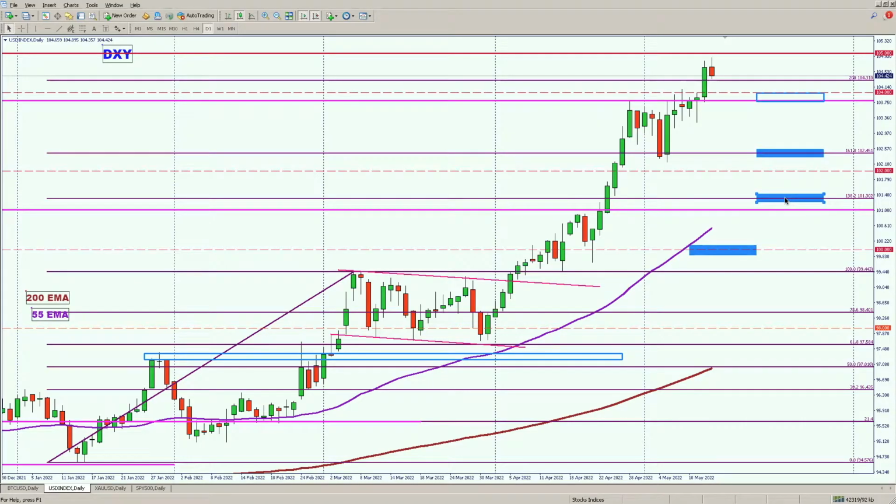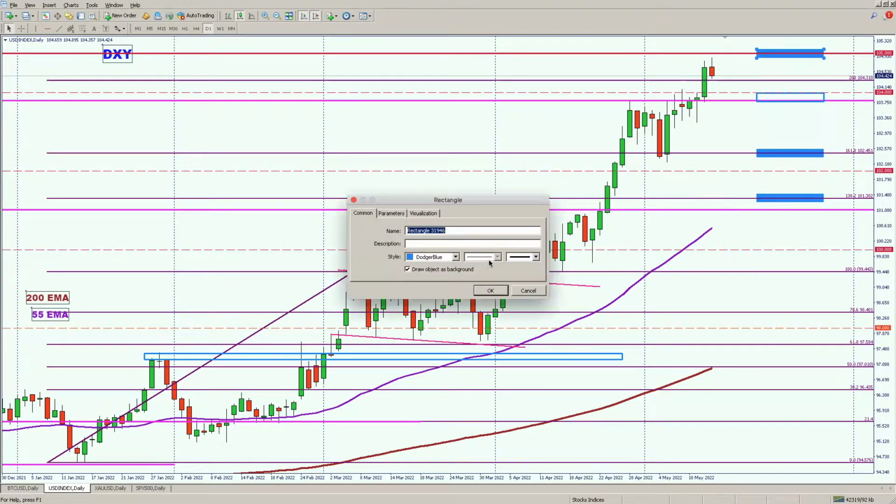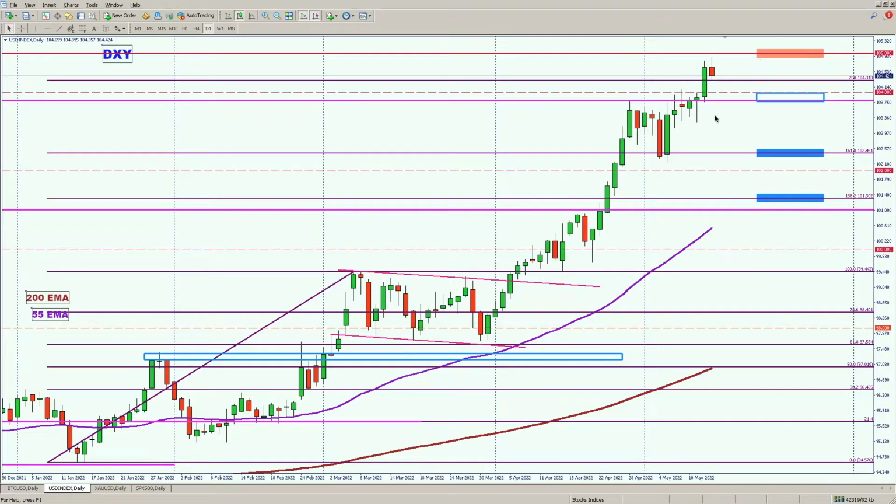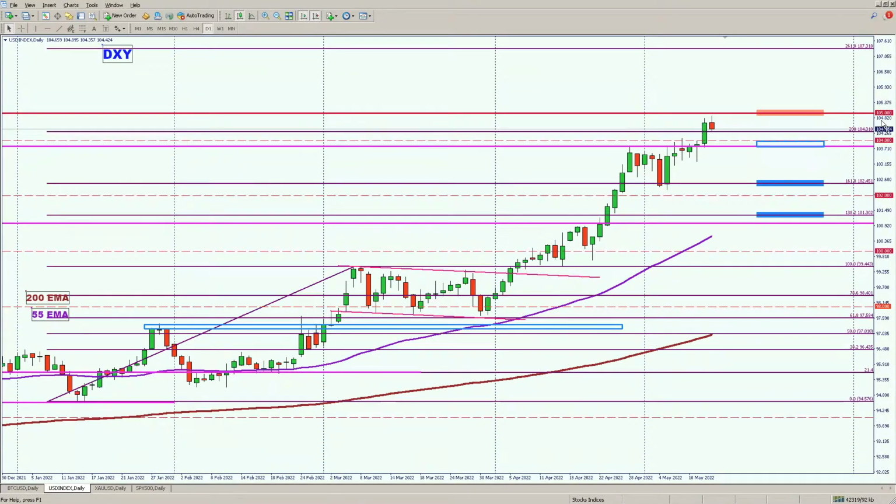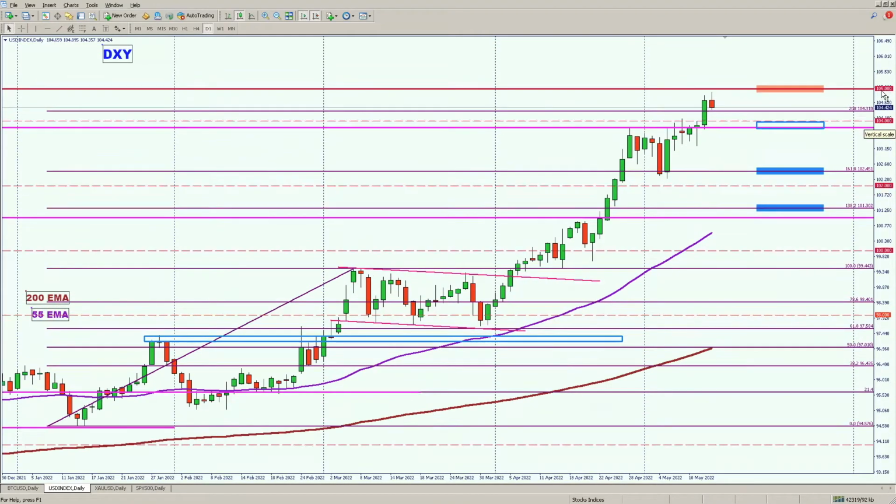And let's move this one here. Okay, and let's identify the major resistance up at the 105. All right, then above that, still quite a wide range here.